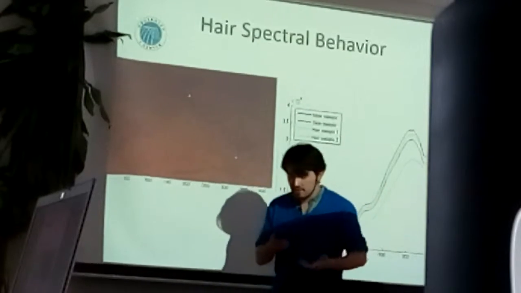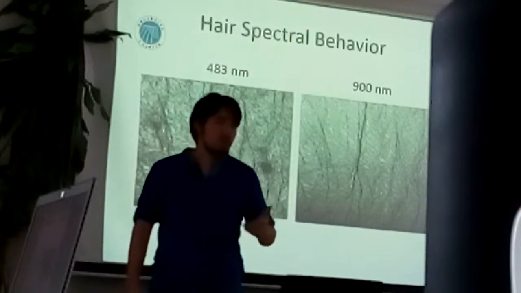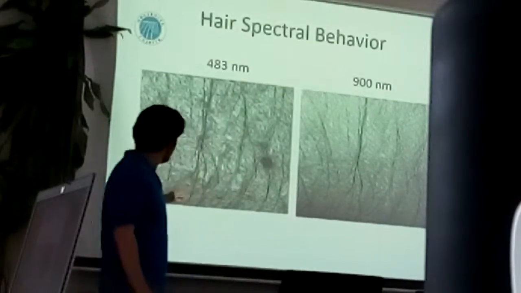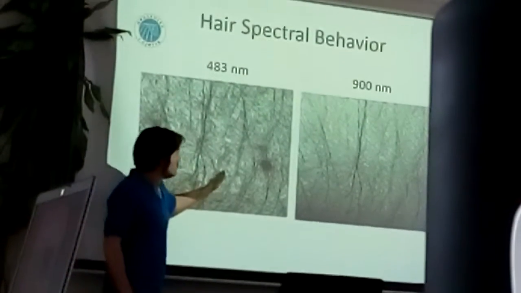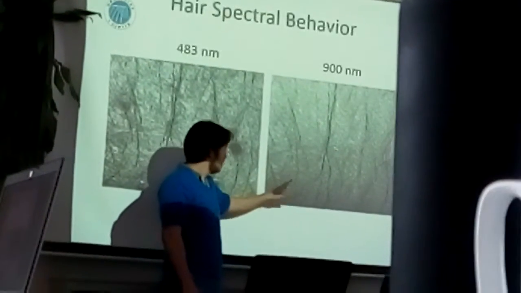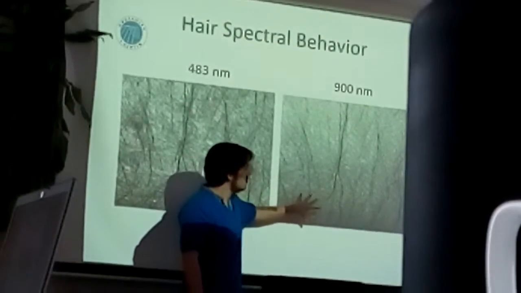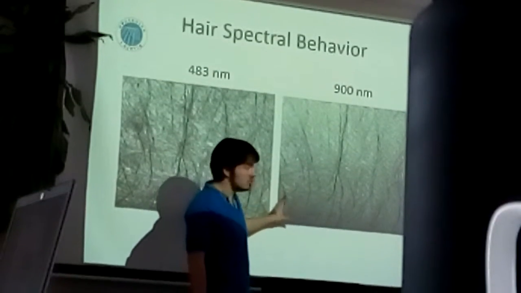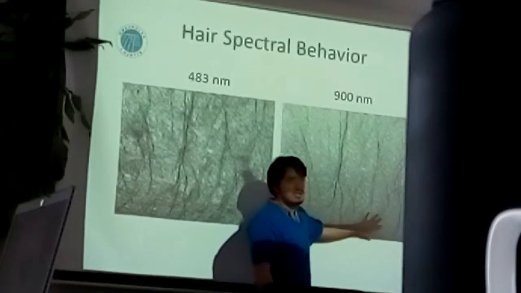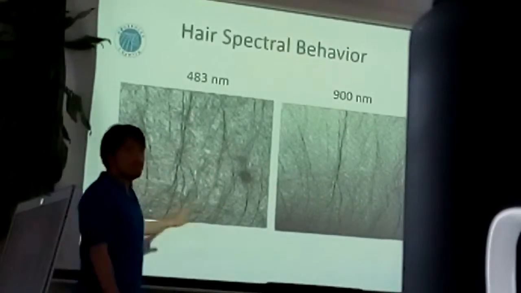So we started to analyze that, and we realized that at 900 nanometers, for example, in this image, you can see the hair but you cannot see the moles. So using this channel or this part of the spectrum, we can remove the hair in this area.